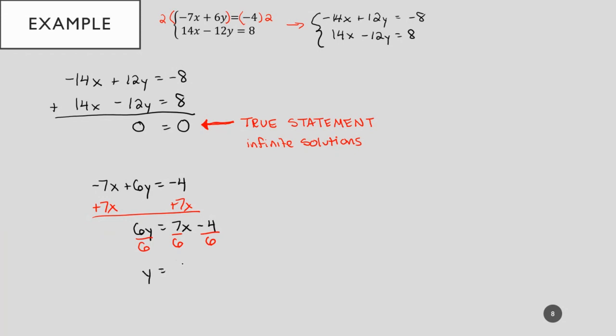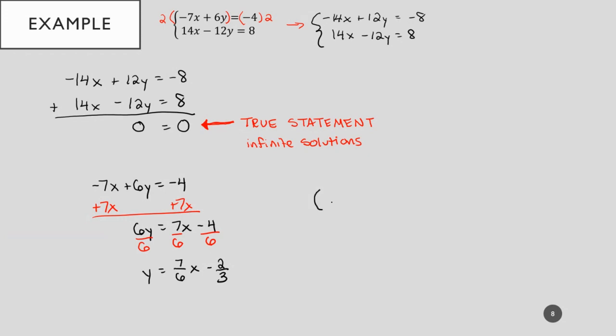So this gives me y equals 7/6 x, and then 4/6 reduces to 2/3, so it's minus 2/3. So that is our equation for a line. If you solved the second equation, you would get the same thing.